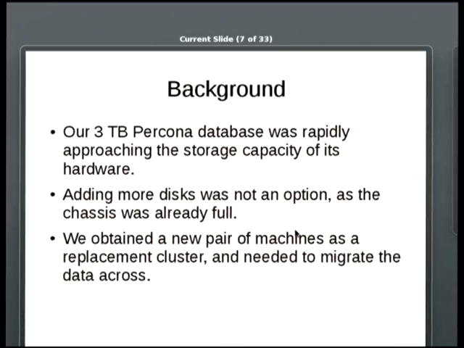The problem that we found was the Percona database was rapidly approaching the storage capacity of the hardware, which couldn't be extended because it was already full of disks. And so we'd obtained a new pair of machines for a replacement cluster, got Pacemaker and DRBD set up there. The rest of this talk is going to be about the way that we came up with to move the data from the old cluster onto the new cluster.